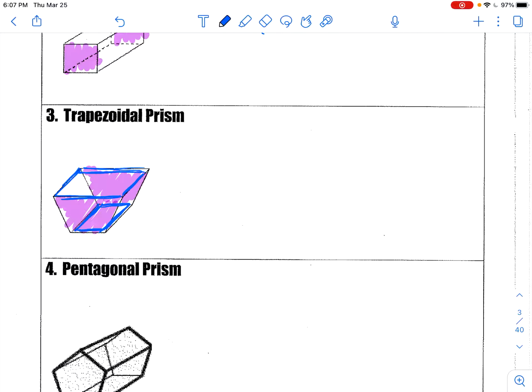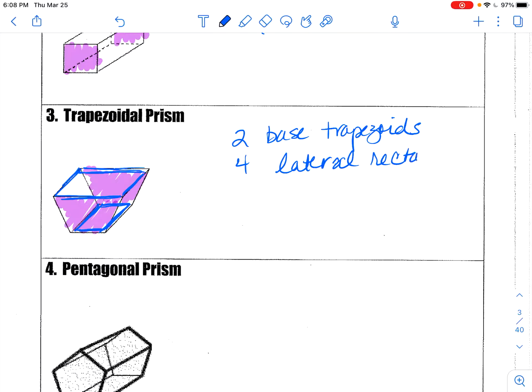So we have two base trapezoids, and this is a trapezoidal prism, and we have four lateral rectangles. I guess I can also mention that the side rectangles are a different size as well. So we'll say three different sizes.